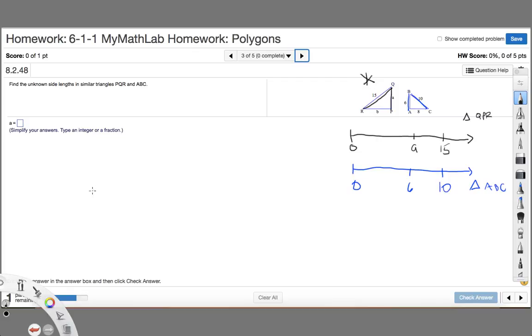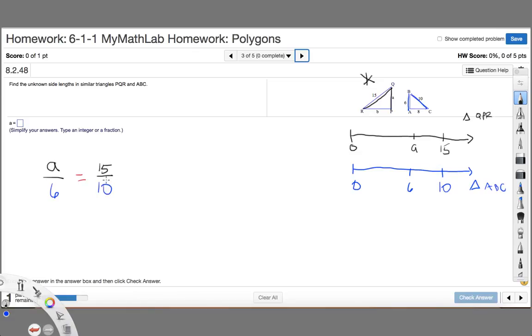What that means is that the distance A is the same length proportionally as 6, and so the distance from 0 to A, when you compare it to the distance from 0 to 6, has to be the same magnitude as the distance 15 is from 10.